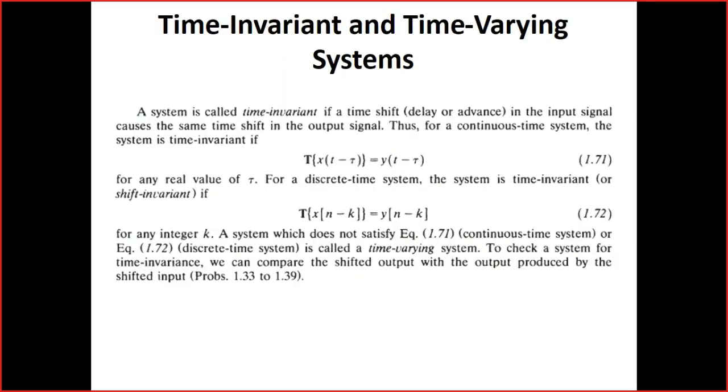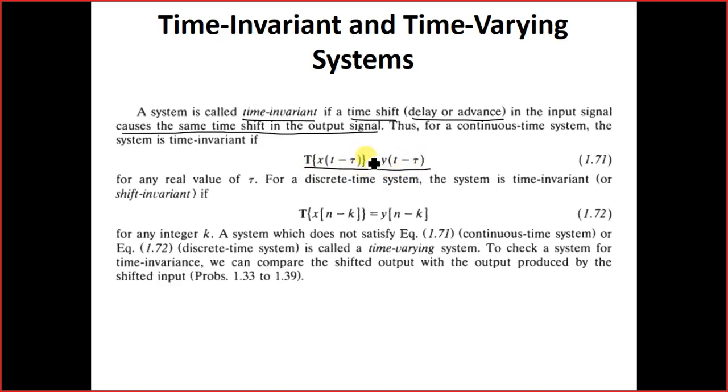Now, time invariant system. A system is called time invariant if a time shift, that means delay or advance, in the input signal causes the same time shift in the output signal. Thus, for a continuous time system, the system is time invariant, that means it does not change its characteristics with time, if it follows this equation.